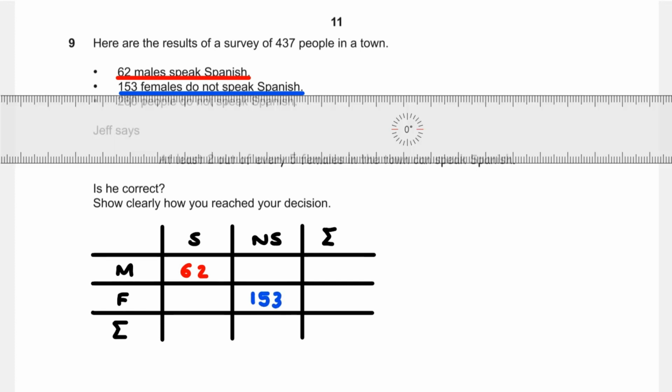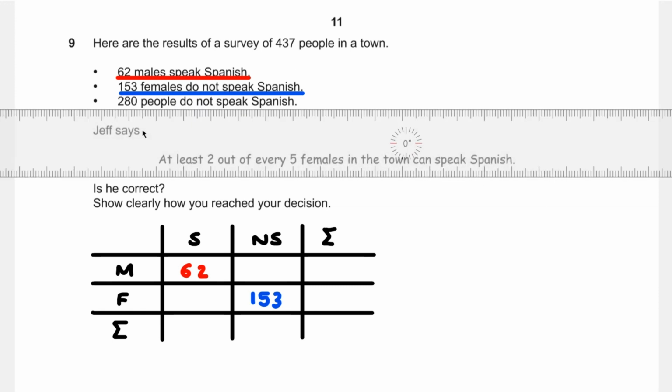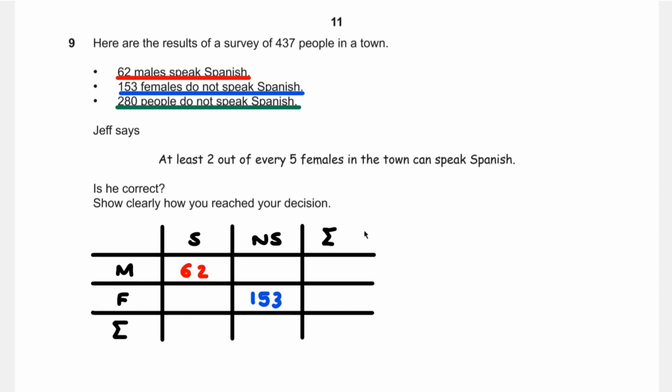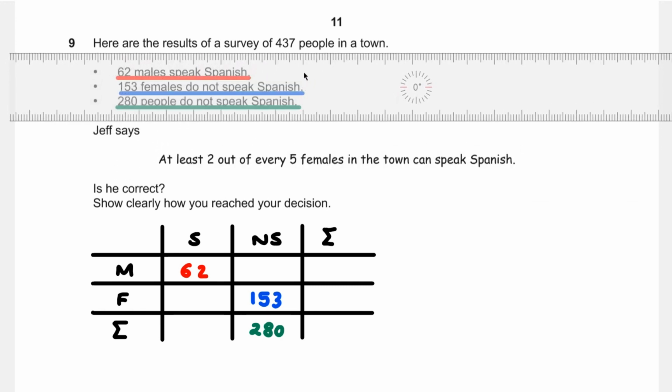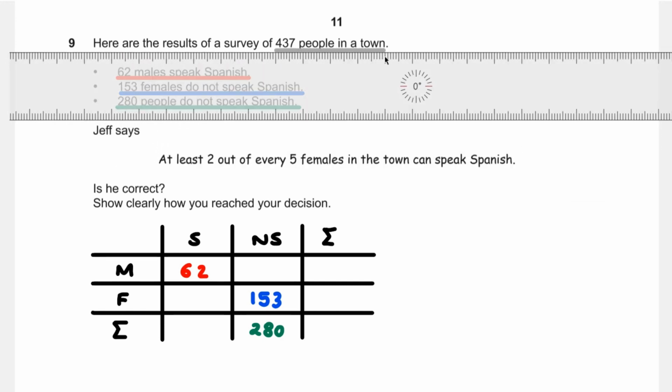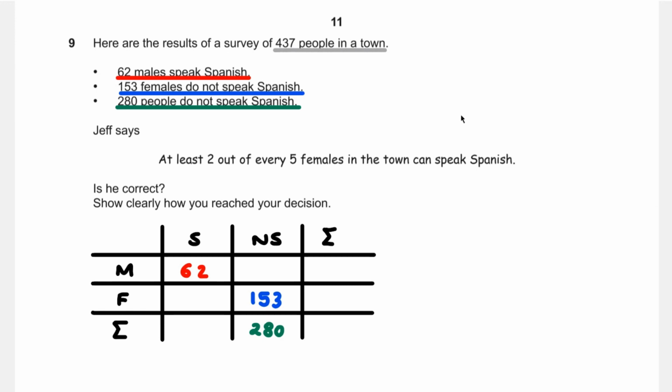We have 280 people who do not speak Spanish in total, and altogether we have 437 people in a town.